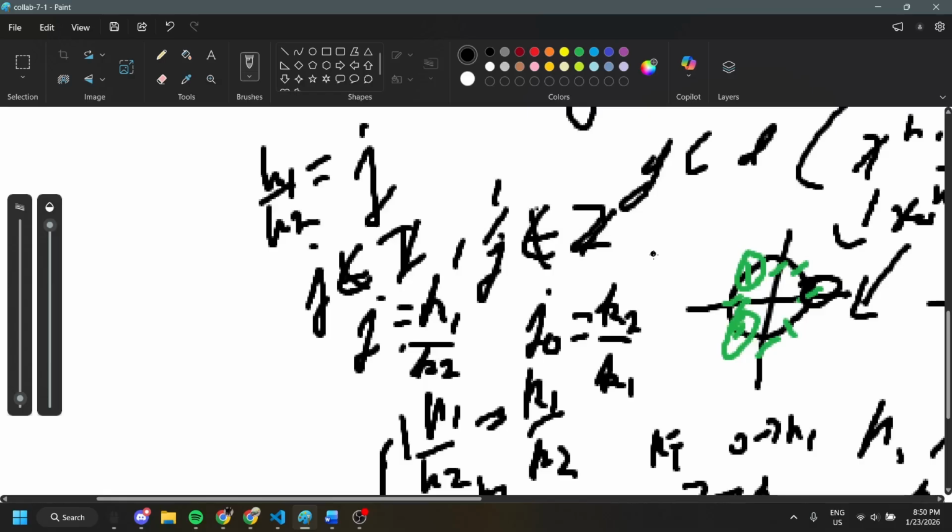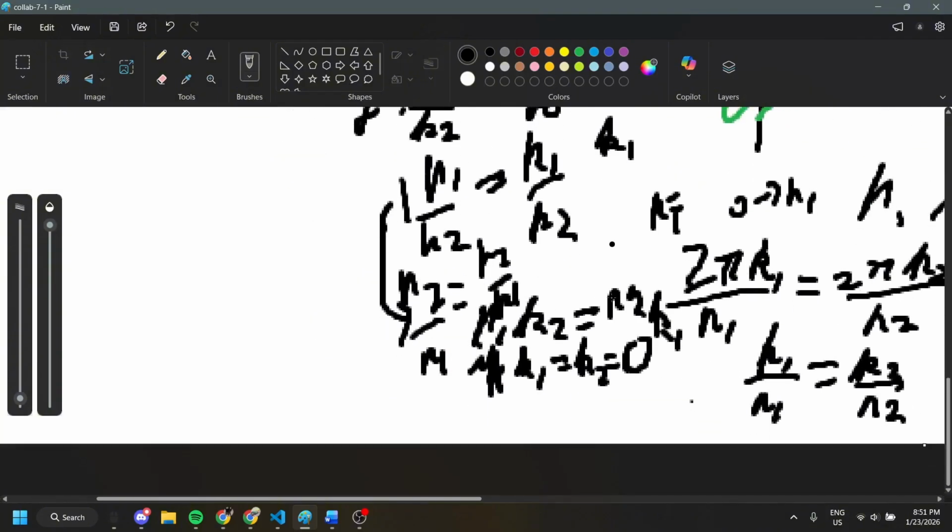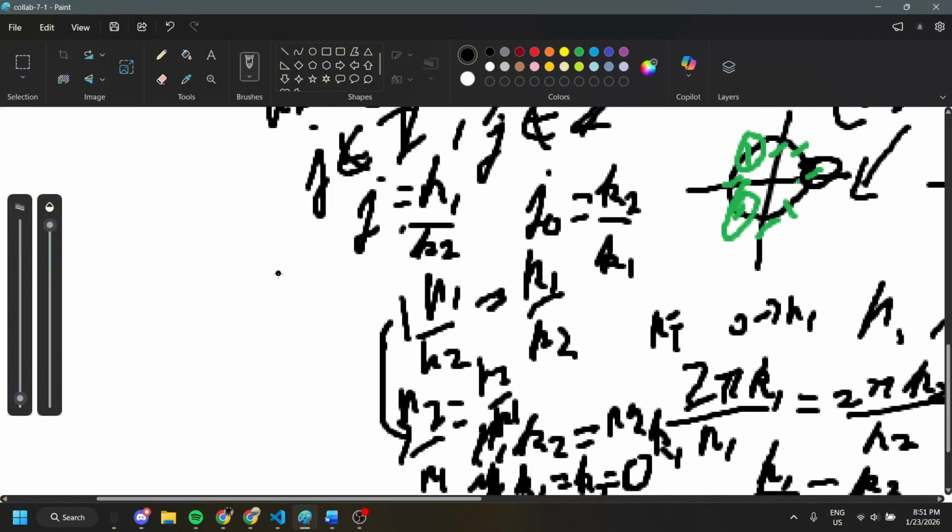That's established, but why does that matter? Because k1 can be any number up to n1, k2 can be any number up to n2. It doesn't matter. If n1 is equal to 17 and n2 is equal to 19, k1 can equal 4 and k2 can equal 3, and that doesn't matter. We just need to show that this equality holds.